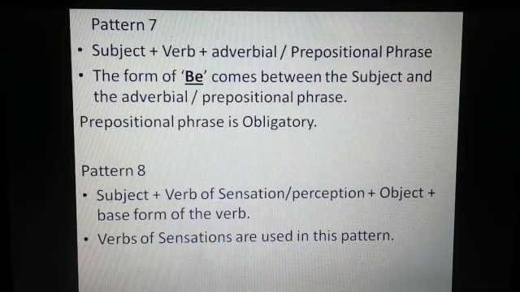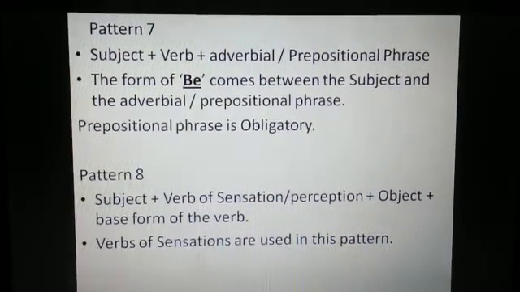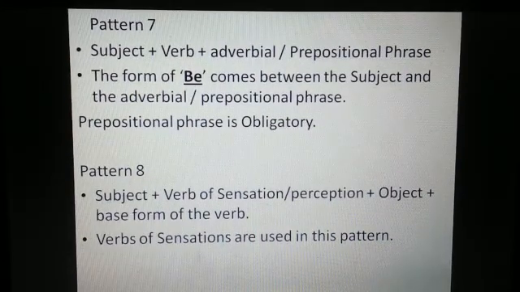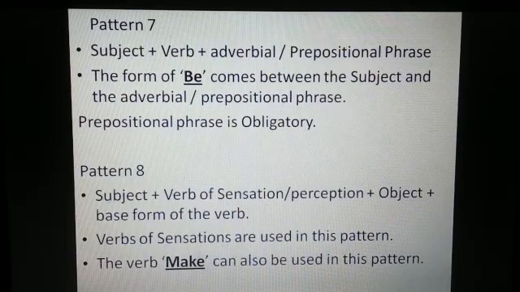These are the 5 senses. So verb of sensation describes one of the 5 senses. In this pattern we use verbs of sensation. Along with the verbs of sensation, the verb make can also be used in this pattern.